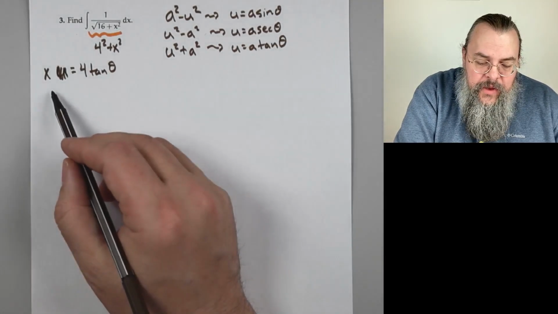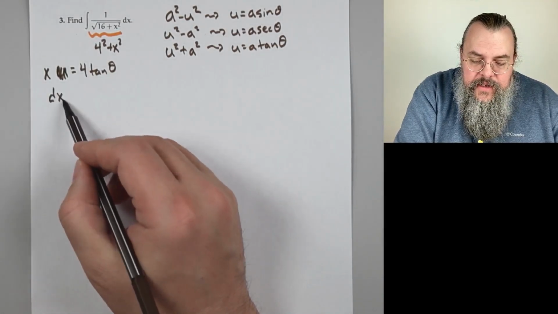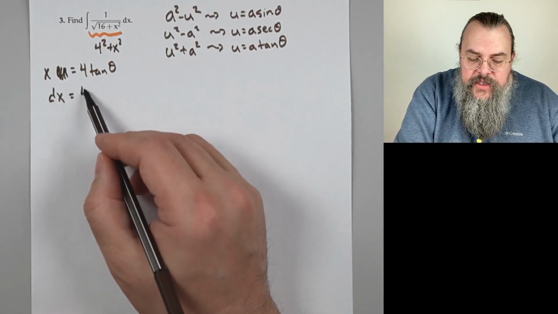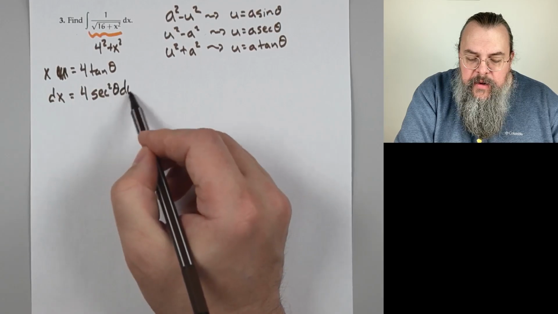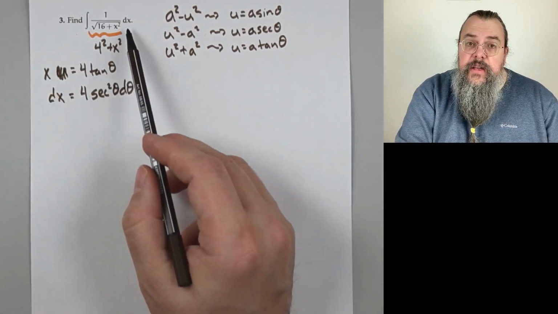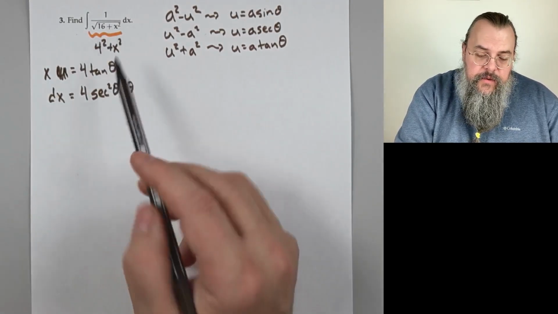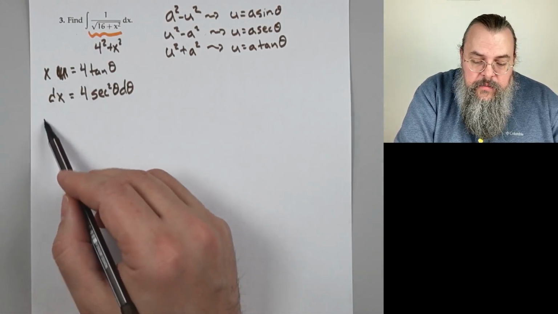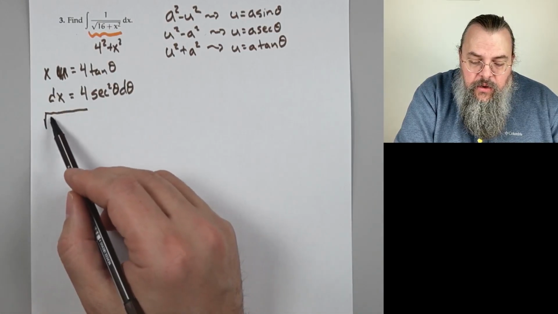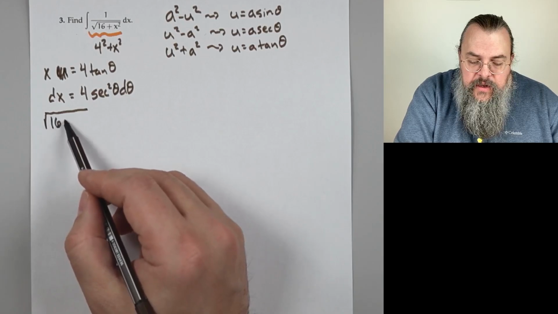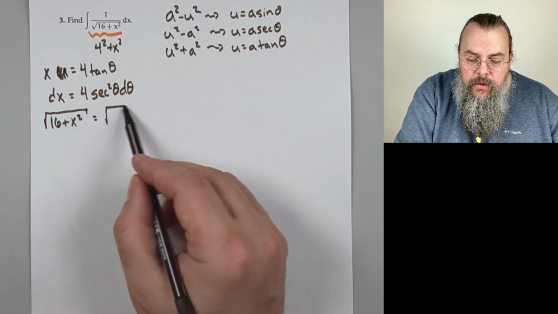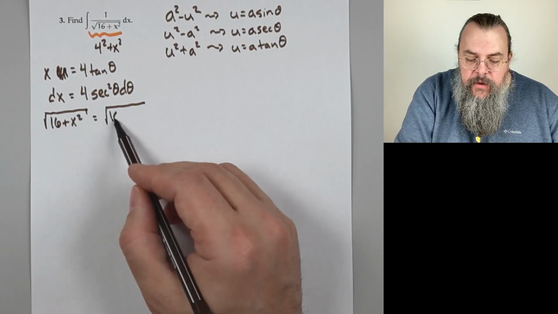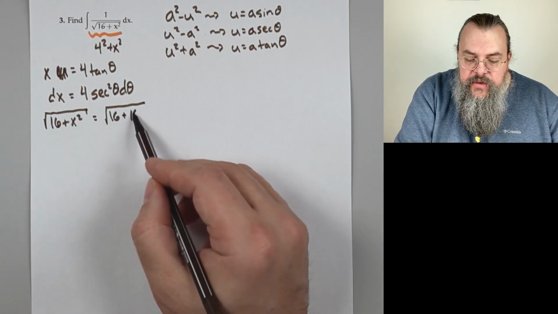Okay, what happens? Well, first off, dx, derivative of 4 tangent theta, derivative of tangent, is secant squared. All right, so that tells us how to handle the dx part. Now what about the square root? Well, the moral here is, again, the whole reason why we're doing this is because we're going to make that square root go away. If it didn't go away, we made bad choices.